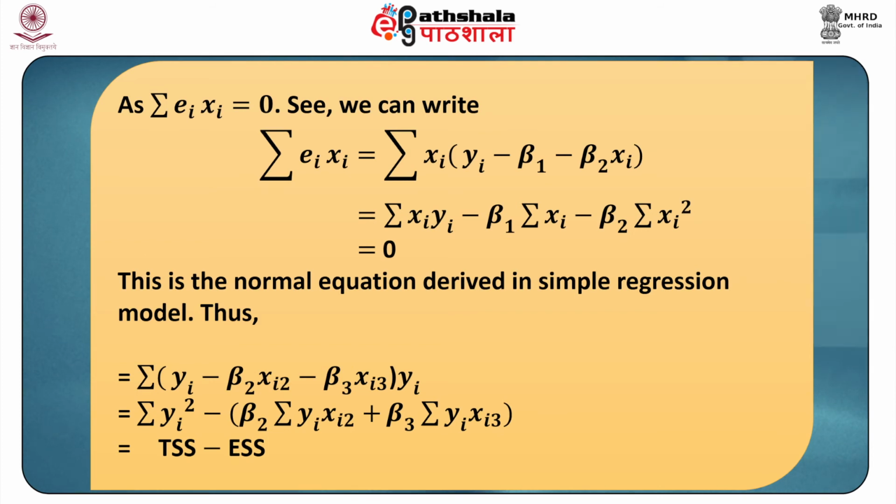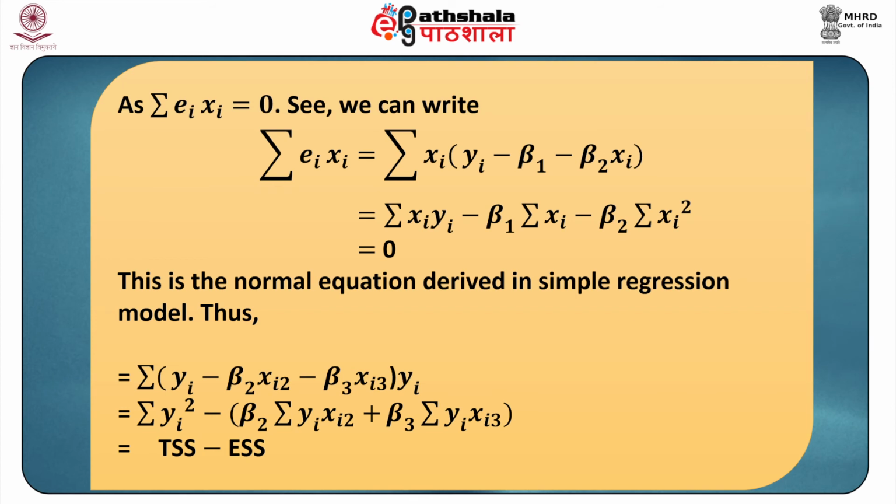Similarly, we can write sigma e_i x_i equal to sigma x_i into (y_i minus beta 1 minus beta 2 x_i), which gives us sigma x_i y_i minus beta 1 sigma x_i minus beta 2 into sigma x_i square, and this is equal to 0 because this is the normal equation derived in the simple regression model.